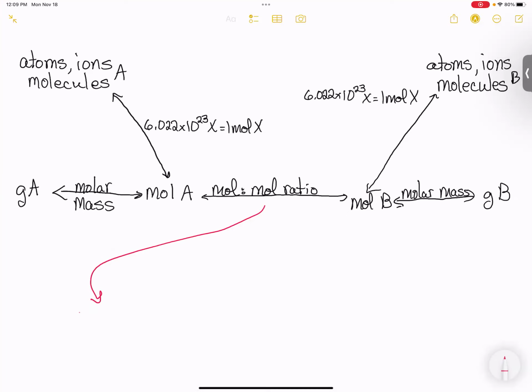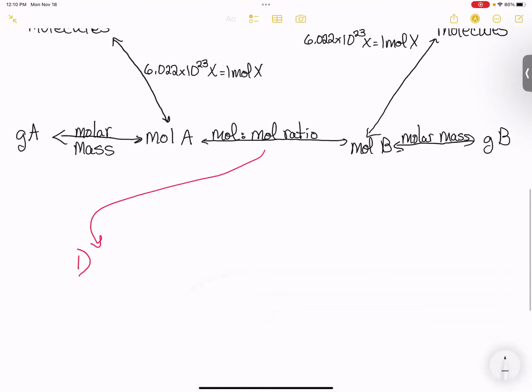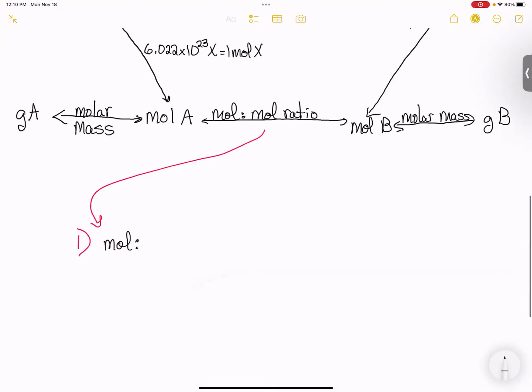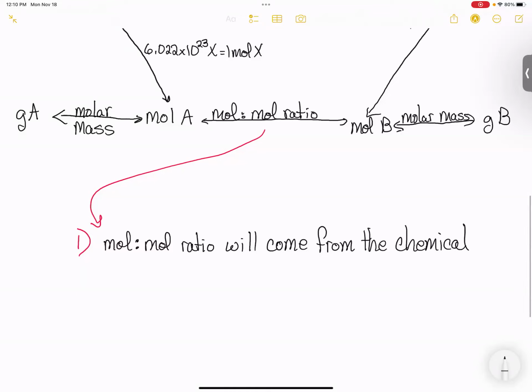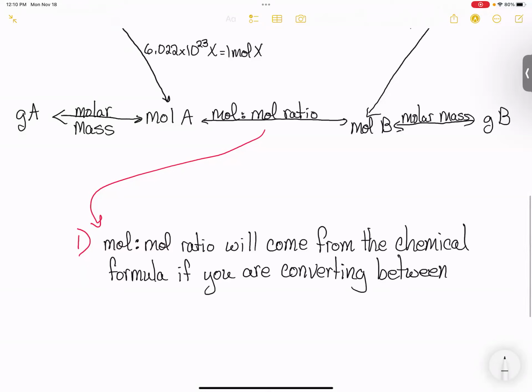The first one is the mole to mole ratio will come from the chemical formula if you are converting between a substance and an element within that substance.